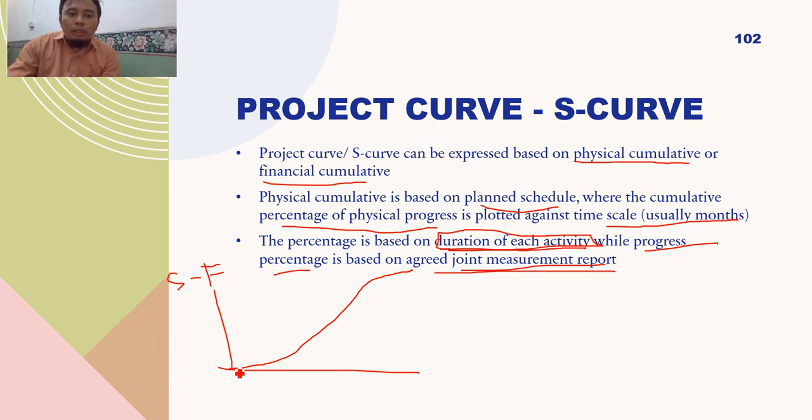Let's say you plot under the graph up to here. Let's say this is your April joint measurement percentage. So April is here, but the plan is here, so you're going to have your delay here. Then in the coming months you expedite the work, so your progress joint measurement becomes here.